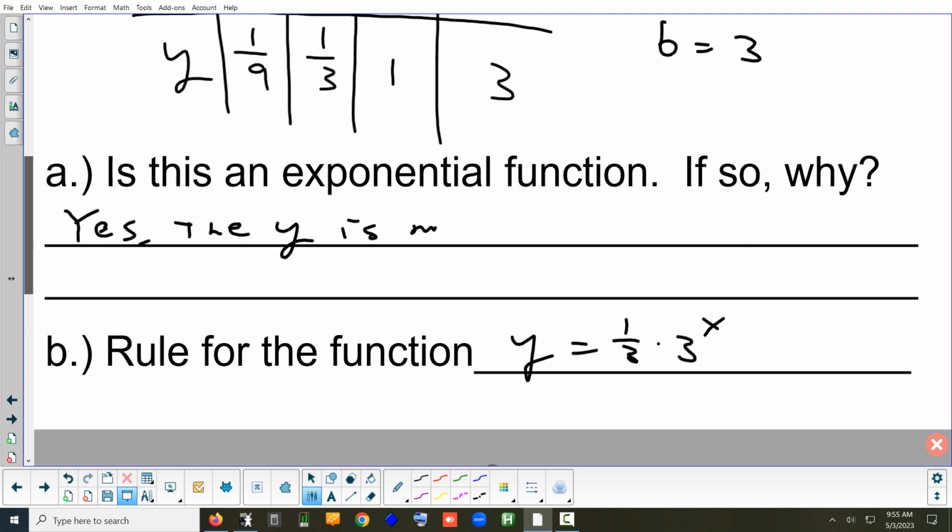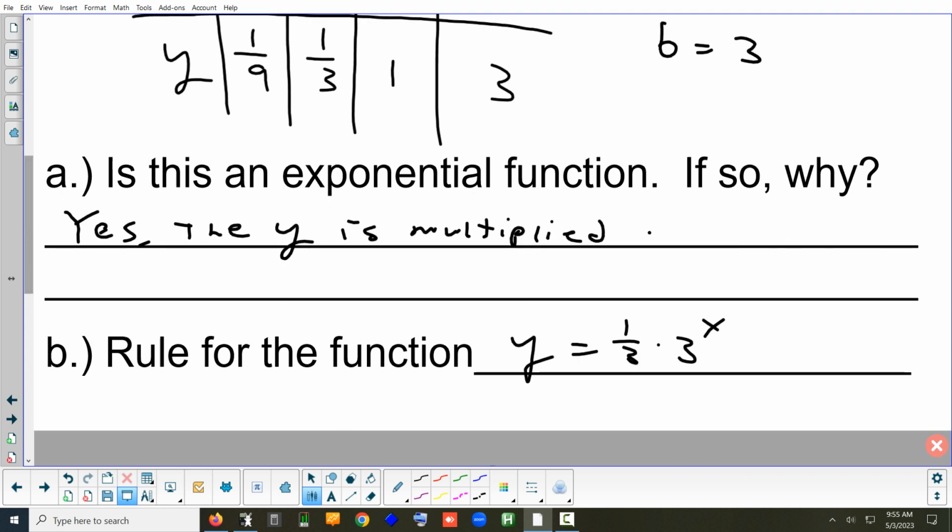Y is multiplied by 3 each time. That's the key. Pattern is multiplication. Any question on it?